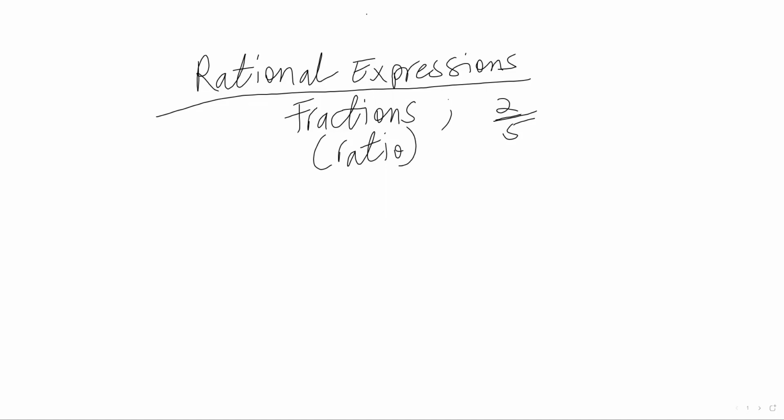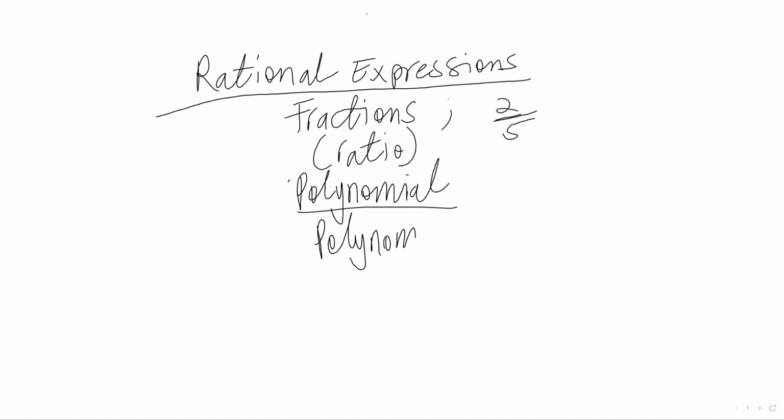Okay. Now, what if you have a polynomial divided by a polynomial? What do I mean by this? Polynomial divided by a polynomial. For example, what if you have 2x plus 3 divided by another polynomial? It can be any type of polynomial. So 2x squared plus 3x plus 1.